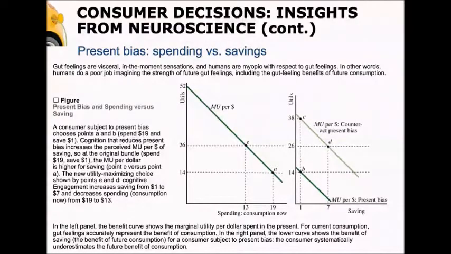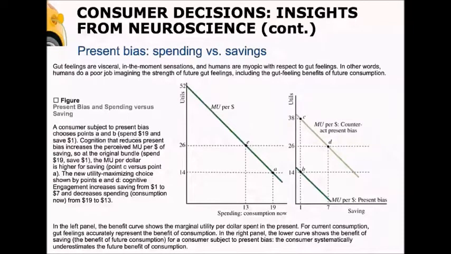Now suppose we counteract the present bias and we understand that consumption in the future is a good thing. This would mean that the marginal utility per dollar would be higher for savings. If that's the case, then we no longer have equimarginal between the two goods, current consumption and future consumption.